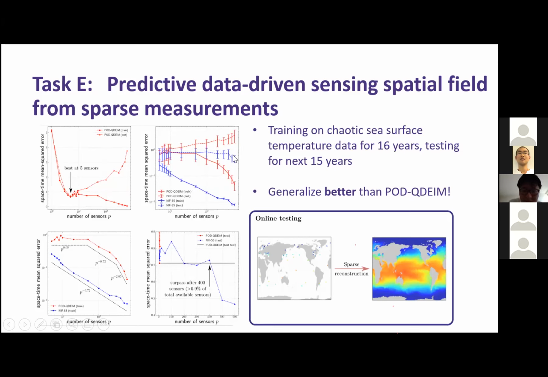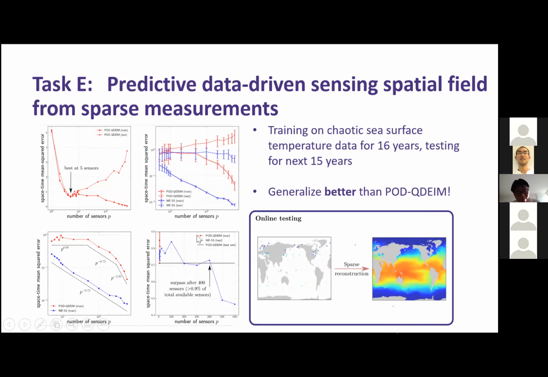However, in terms of the generalization errors, just look at the plot in the bottom right. We found that with more than 400 sensors, just a little bit more than 1% of the total available sensors, we can actually beat the best result for POD-QDEIM.